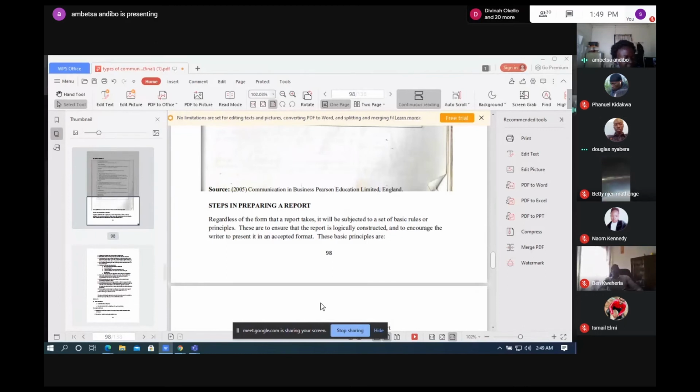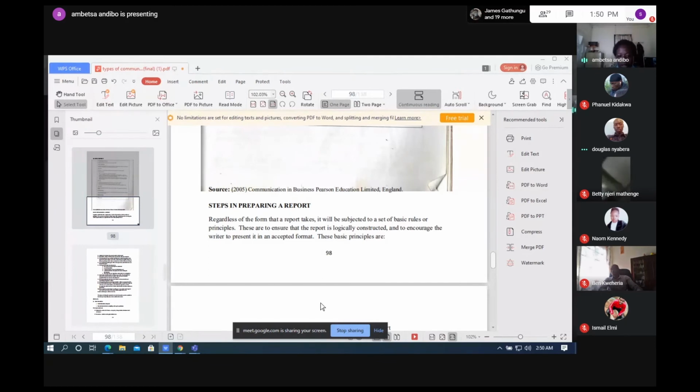In the WhatsApp notes I sent you the schematic. Did you see the schematic format? Regardless of whichever format you have been asked, if you write a schematic report, you are not going to fail. In the notes I sent you on WhatsApp, I have written the schematic format where you have the title, the terms of reference, the procedure, the findings, the conclusion, and recommendations.